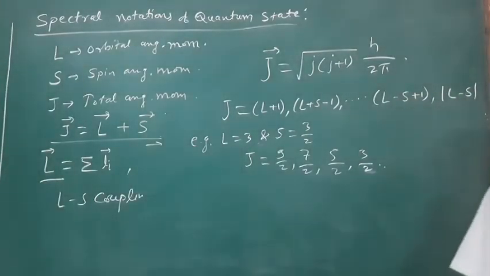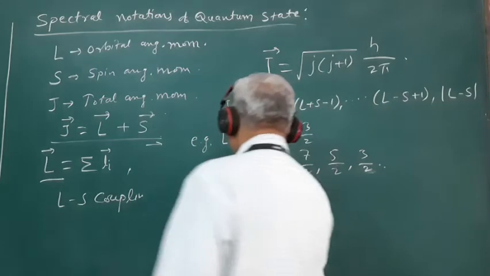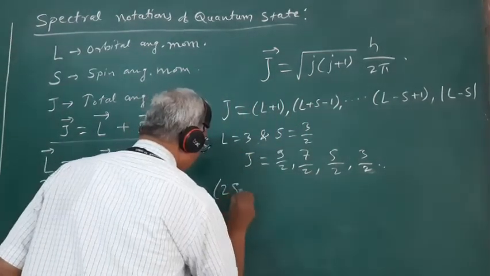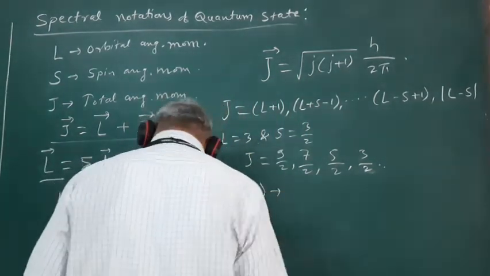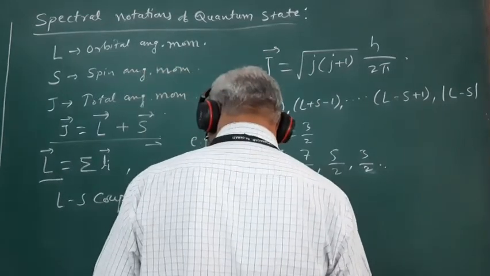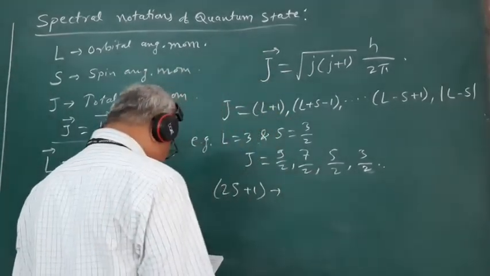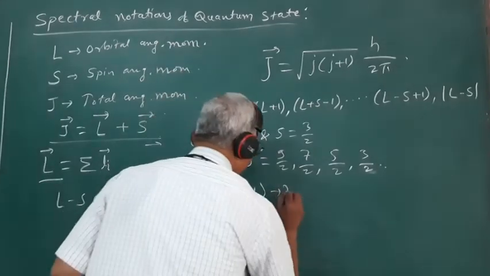So the quantity twice S plus 1 is called the multiplicity of the atomic state.